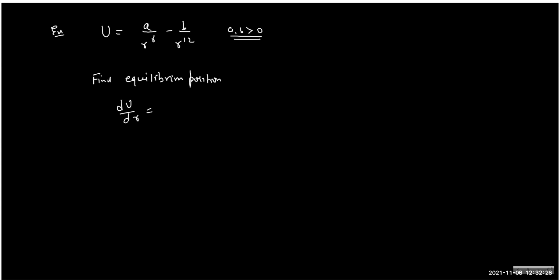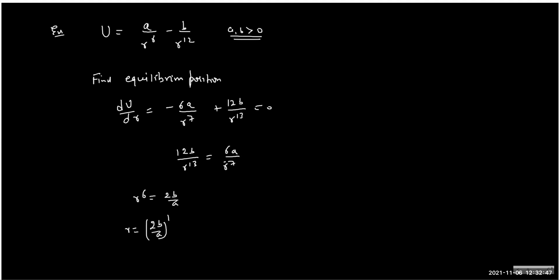So if you differentiate, what do you get? R equals 2B by A.